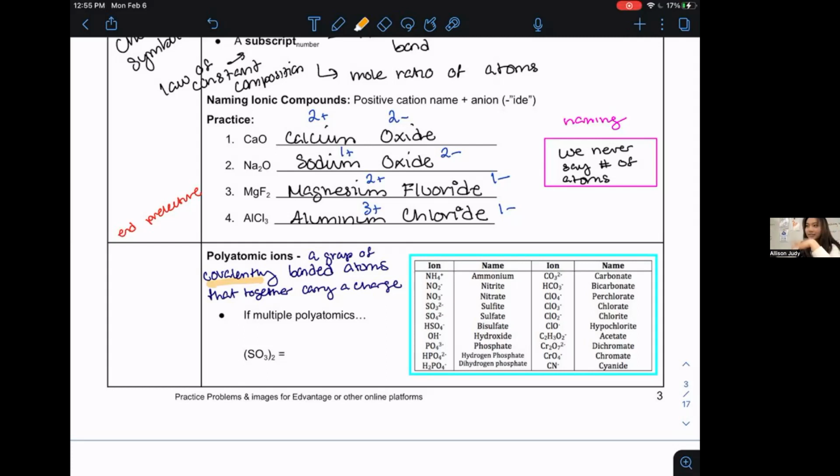Don't worry about it. Okay, so it's a group of covalently bonded atoms that together carry a charge. You can kind of think of it like a soccer team, or like when I get together with my girlfriends, we're going to have Valentine's Day and Valentine's night. When we get together, we all become different people. What happens when you get together with a team, a group, you function as a different kind of unit.